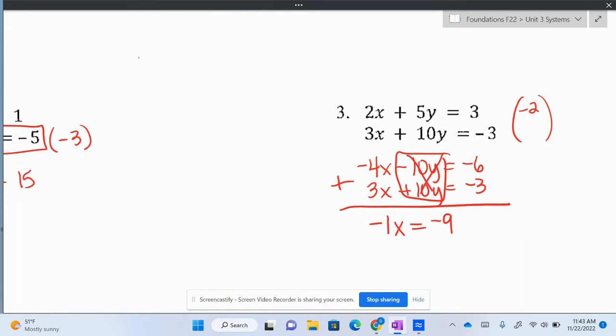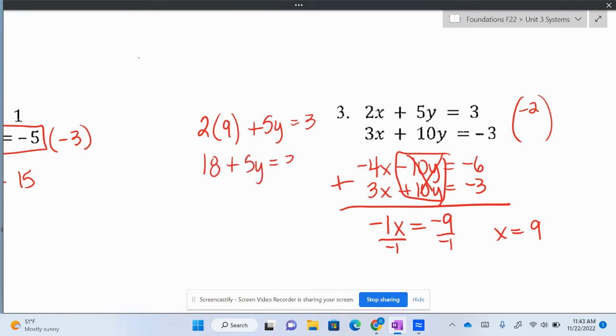How do I solve that? By, yeah, divide both sides by negative 1. So x equals 9. I'm going to plug that back into the top equation. 2 times 9, because that's what x is, plus 5y equals 3. 2 times 9 is 18, plus 5y equals 3.